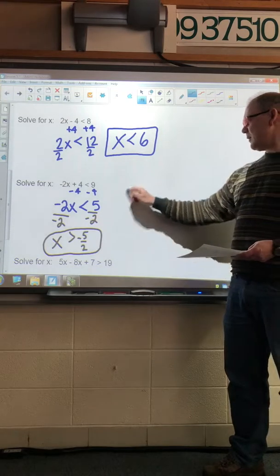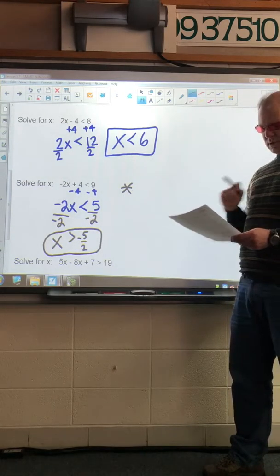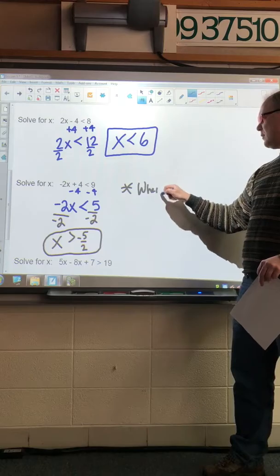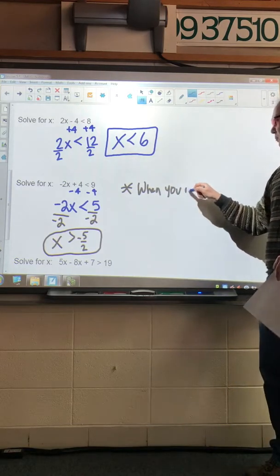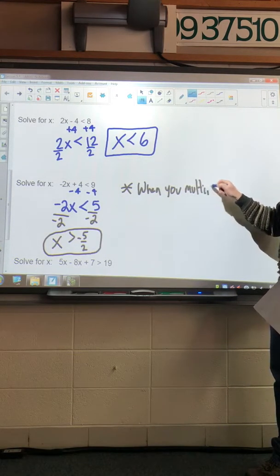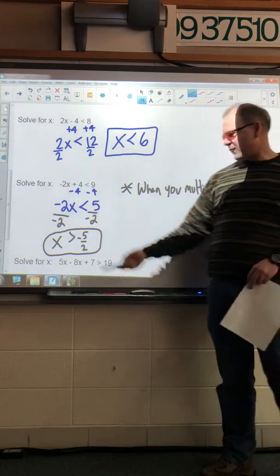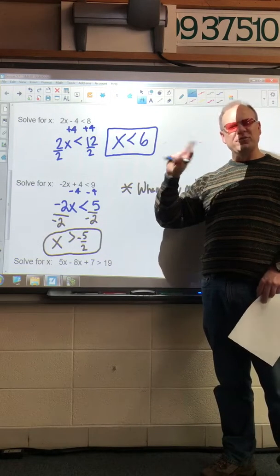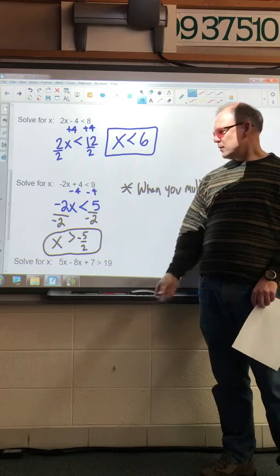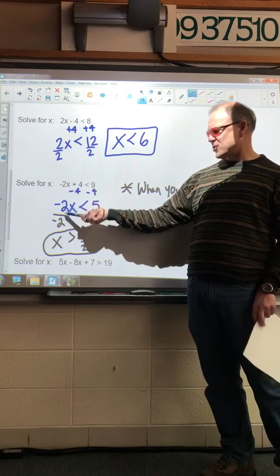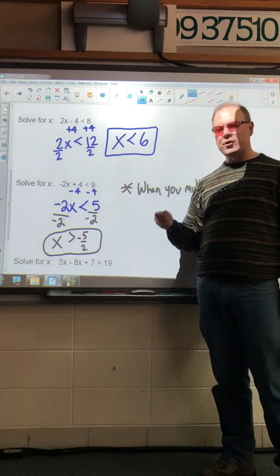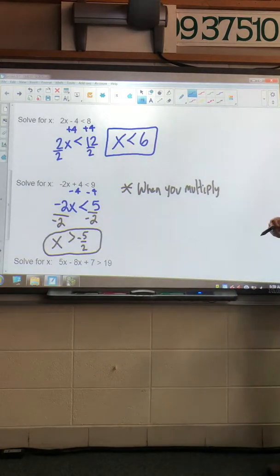Okay, well, let's write that down. So if I had like a fraction here, remember how we multiplied by the reciprocal? If this was like a negative fraction and I was multiplying by the reciprocal, the same thing would happen.